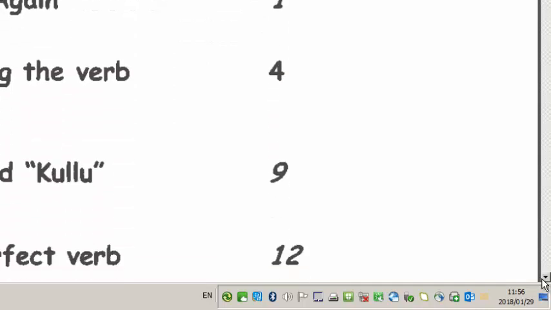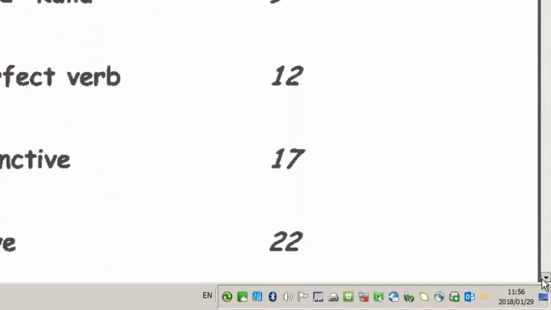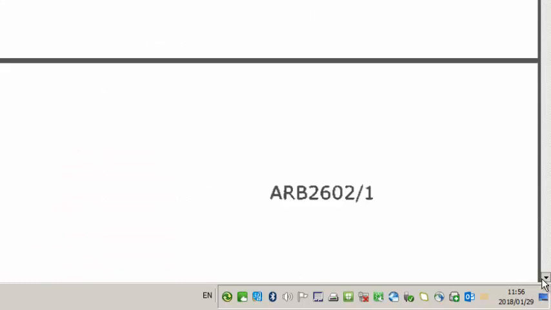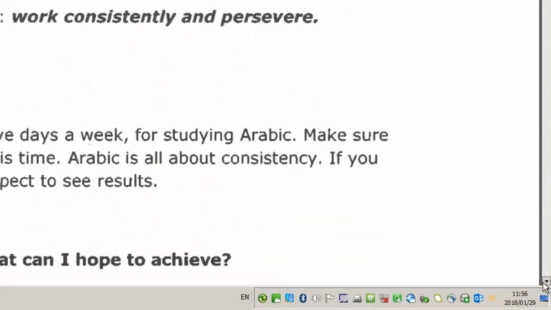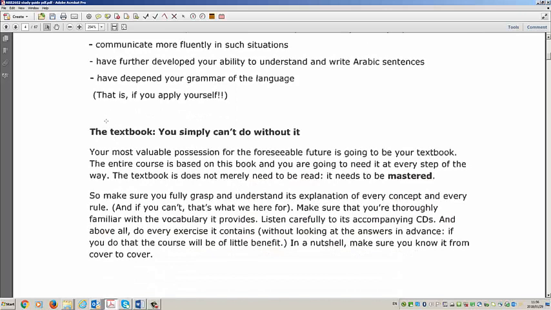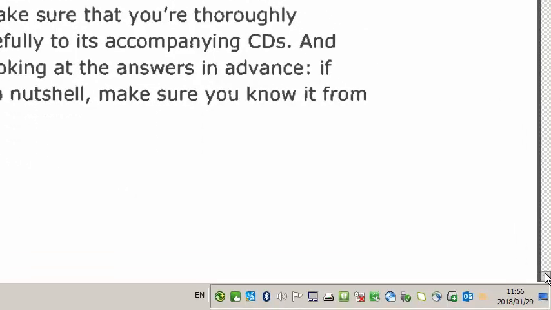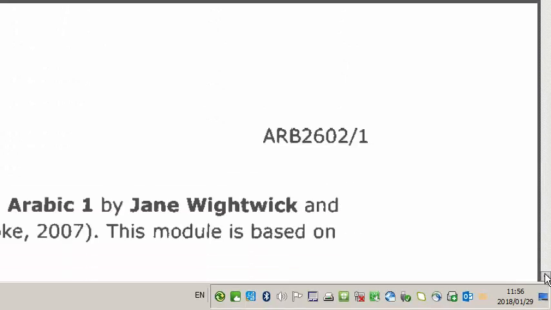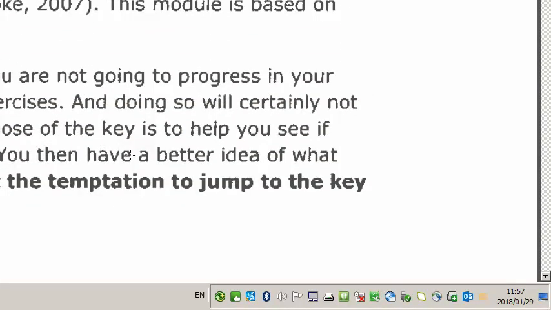I just want to make a couple of notes before we go into lesson 1. The most important note is that if you read the introduction, please ignore the note about the textbook. When this module was offered previously, it was offered with a textbook that students also needed to use, but we don't need that anymore.